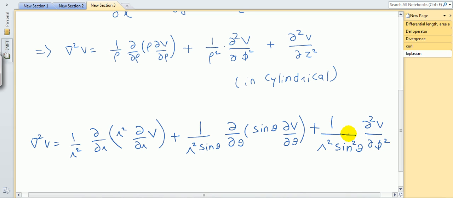This is the formula for the Laplacian of a scalar in spherical coordinates.